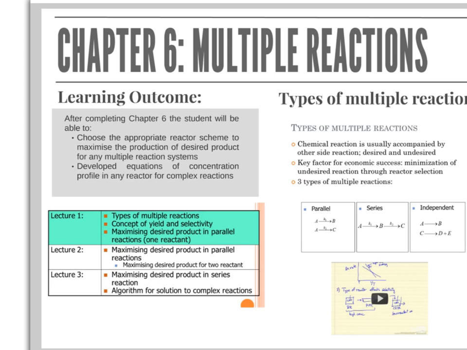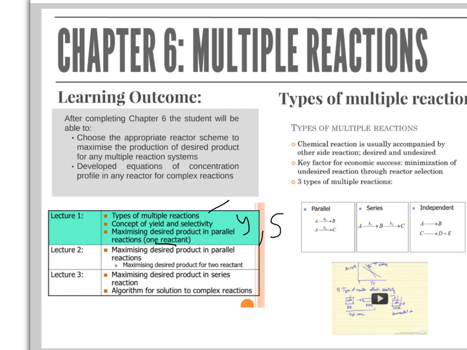for complex reaction. We will deal with 3 lectures, the first one on the type of multiple reactions, concept of yield and selectivity, maximizing the desired product in parallel reaction, which is by having one reactant only.